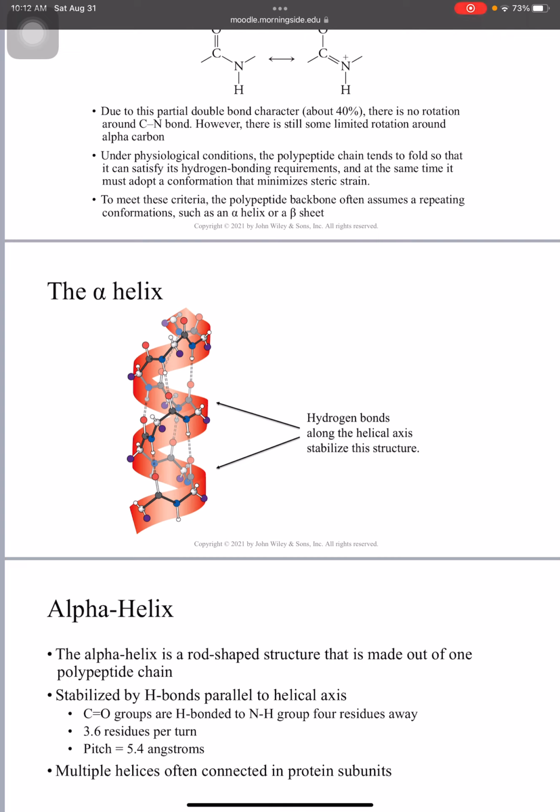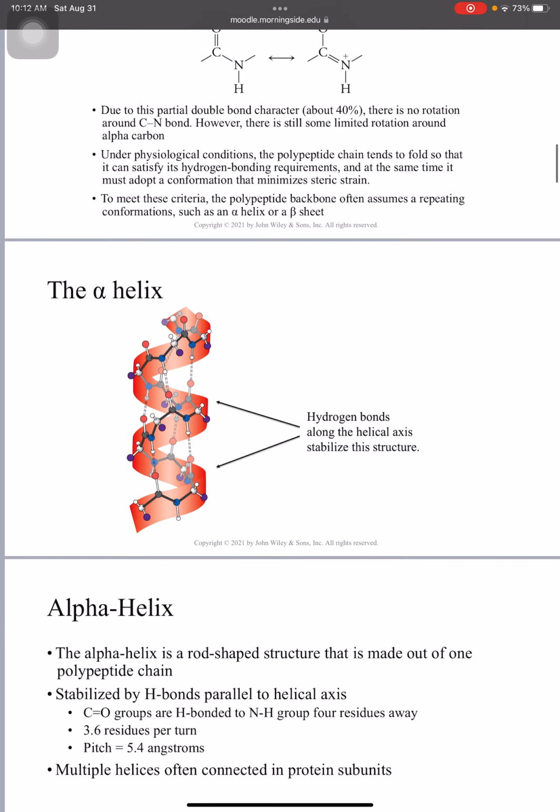All right. And in this photo, you can kind of see it highlights that, just like we mentioned, this is designed to promote the creation of hydrogen bonds between different parts of your backbone chain, right? So you see the little red balls, those are oxygens.